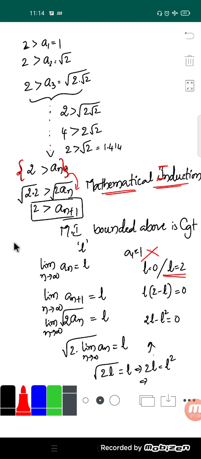So up to here our work is done. So we've shown, using the monotone convergence theorem, that the given recursively defined sequence converges. And from here, this is the additional work we did.